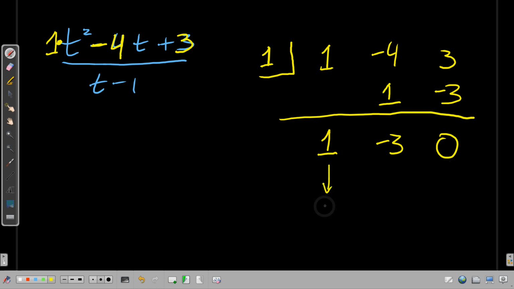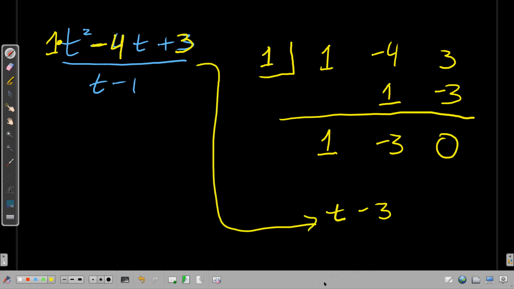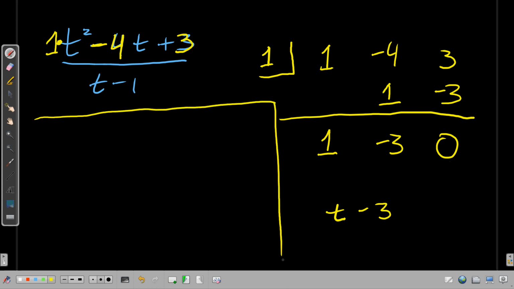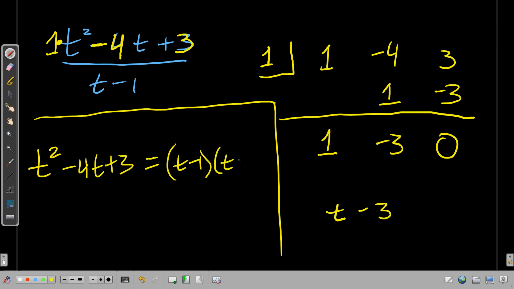So my answer is 1t minus 3. But I don't even write the 1, right? I don't need it. T minus 3. This thing here is equal to t minus 3. Another way to state how the answer is t minus 3 is that numerator, t squared minus 4t plus 3, will factor like t minus 1 times t minus 3.